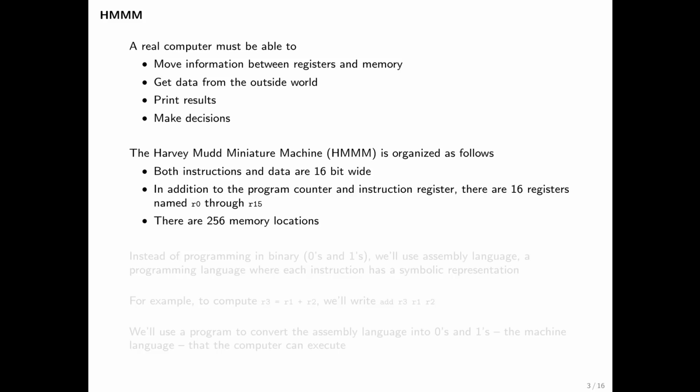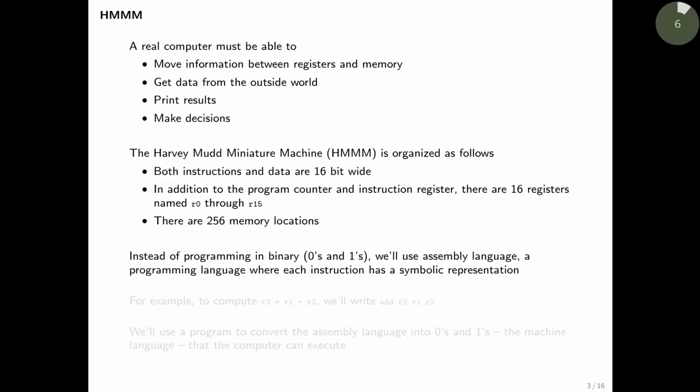In addition to the program counter and the instruction register, which are the two special registers that we talked about in the last lecture, there are 16 registers which are labeled R0 through R15, right? So there are 16 registers in all at your disposal. Now, some of them are special, and we'll talk about these later on. There are also 256 memory locations. So the main memory on this computer has 256 memory locations.